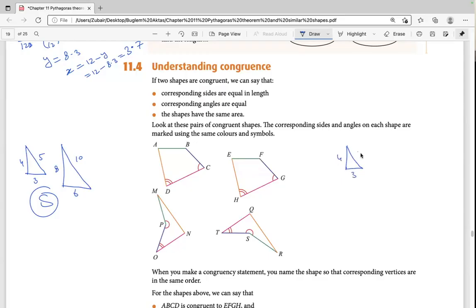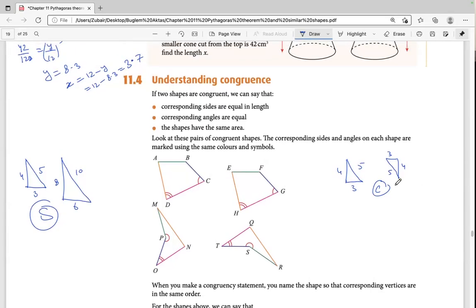So this is 3, 4, and 5, and I have another one which is 3, 4, and 5. Now these two are congruent. All angles same, all sides same, congruent. You could also imagine that when you place one shape over the other, the one which is below would be hidden because they are exactly the same size. You won't be able to see it.